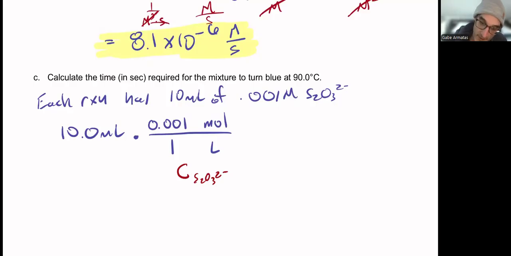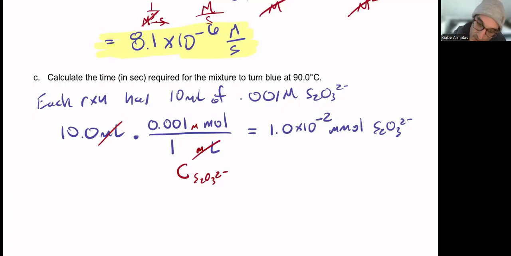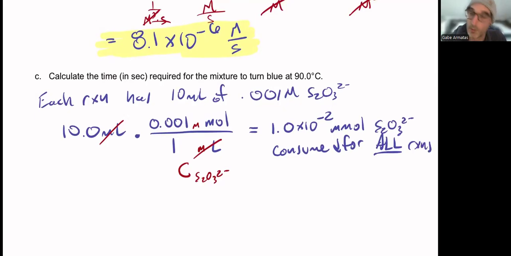So instead of moles per liter, I can say millimoles per milliliter. Now milliliters is going to cancel and it doesn't change concentration, as long as you put the same prefix in front. So instead of solving for moles, what you probably did in lab, we're going to solve for millimoles. If I multiply this out, 1.0 times 10 to the -2 millimoles of S2O3 2 minus was consumed for all reactions. So we know that much S2O3 is consumed for every single reaction.